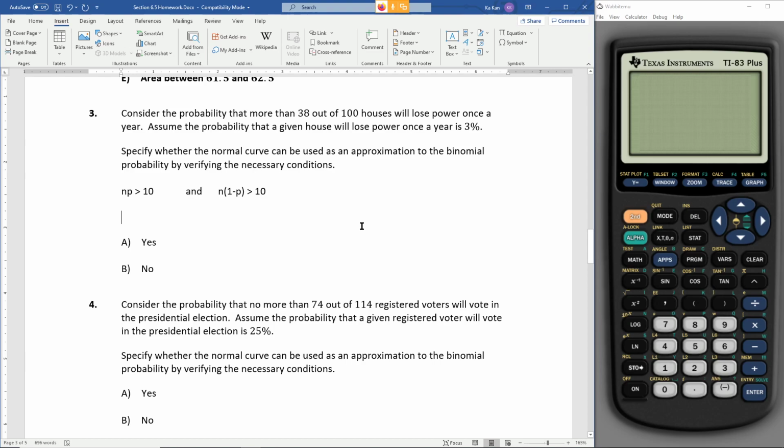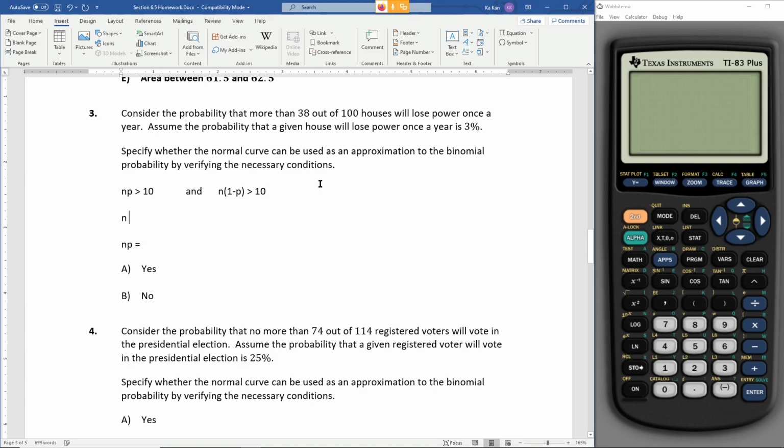So let's check, right? NP in our case equals to... so maybe I should say this. N in our case equals to 100. What is P in our case? They say the success rate is 3%, right? So 0.03, like that.